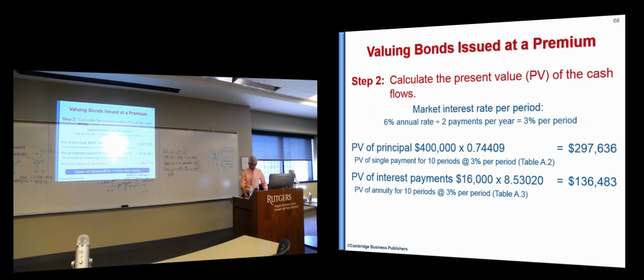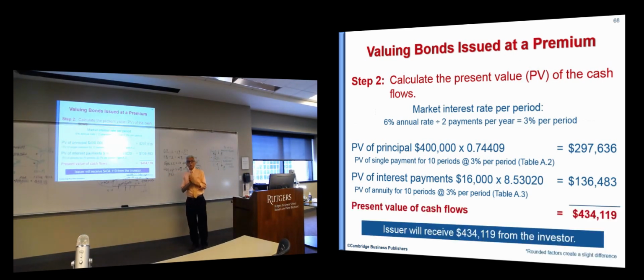A little different than this one, as it is at 119. All right, so those are par, discount, premium cases. Once again, the calculator, make sure you get that if there's any problems with that.